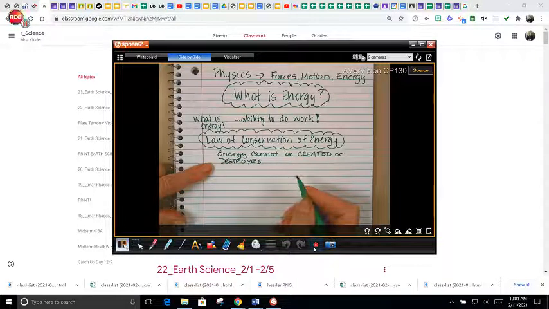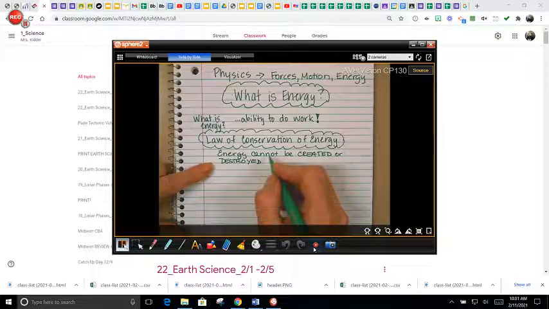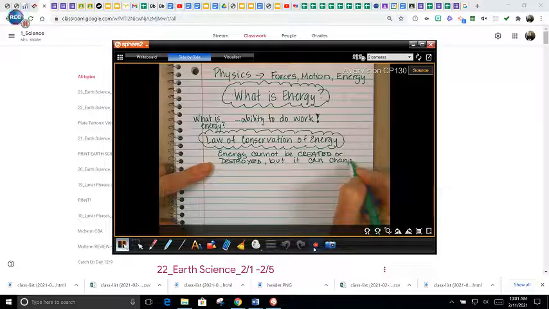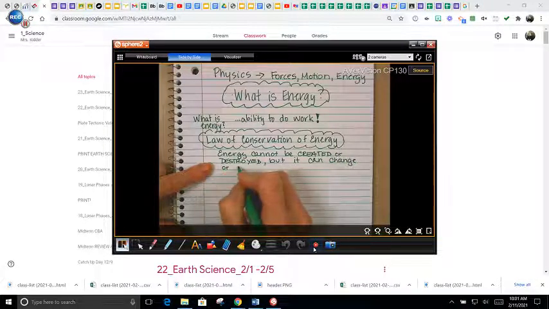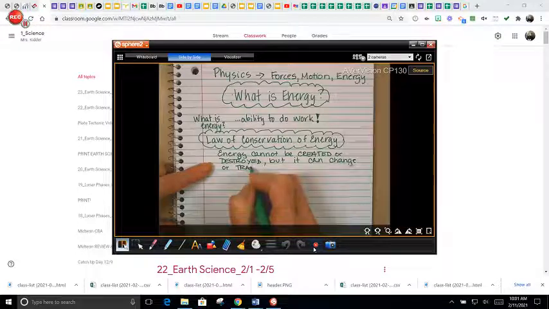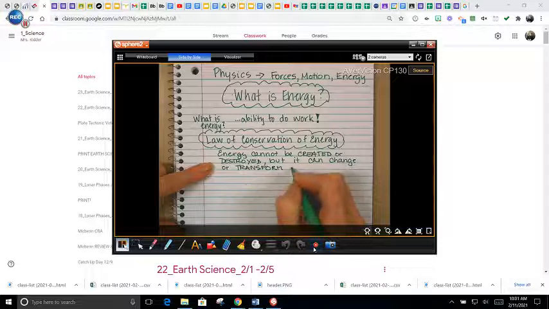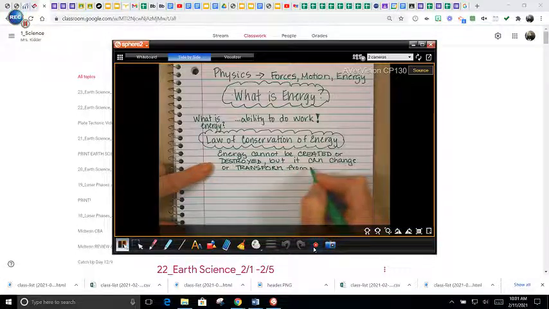But it can change from one form of energy to another. It can change or transform from one form of energy to another.